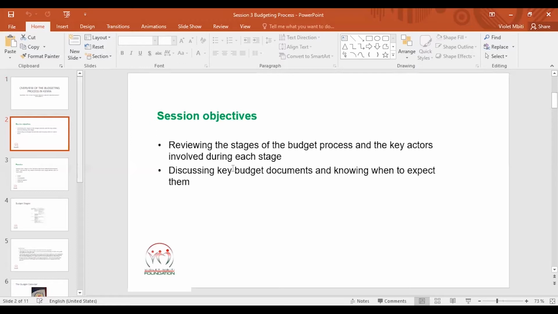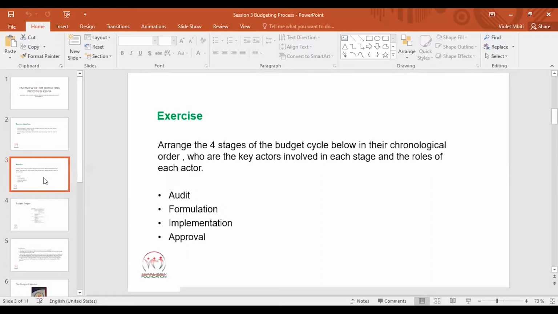Next week, we are going to discuss the key budget documents, the second objective. So on to an exercise that I have for you. You can see below there are 4 stages of the budget cycle. Kindly arrange them in their chronological order.